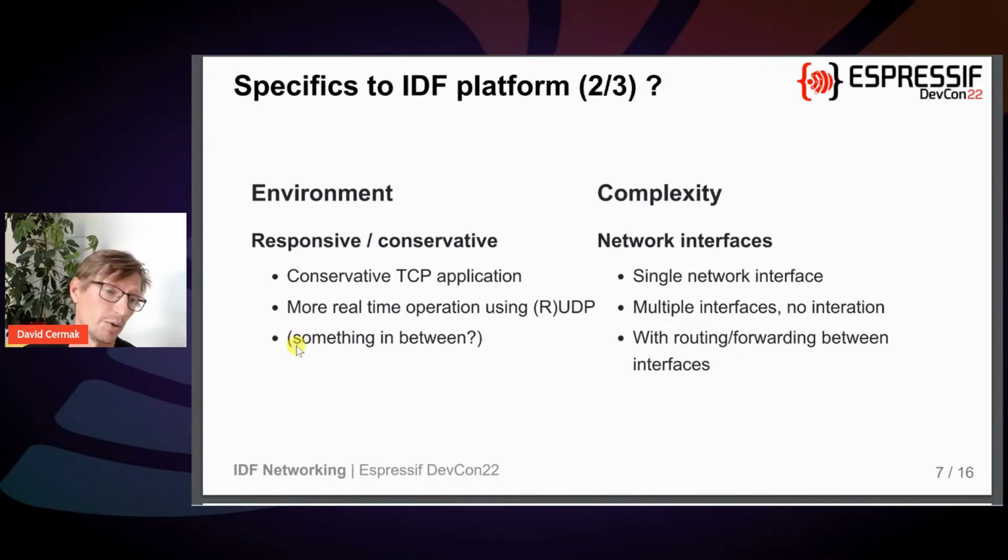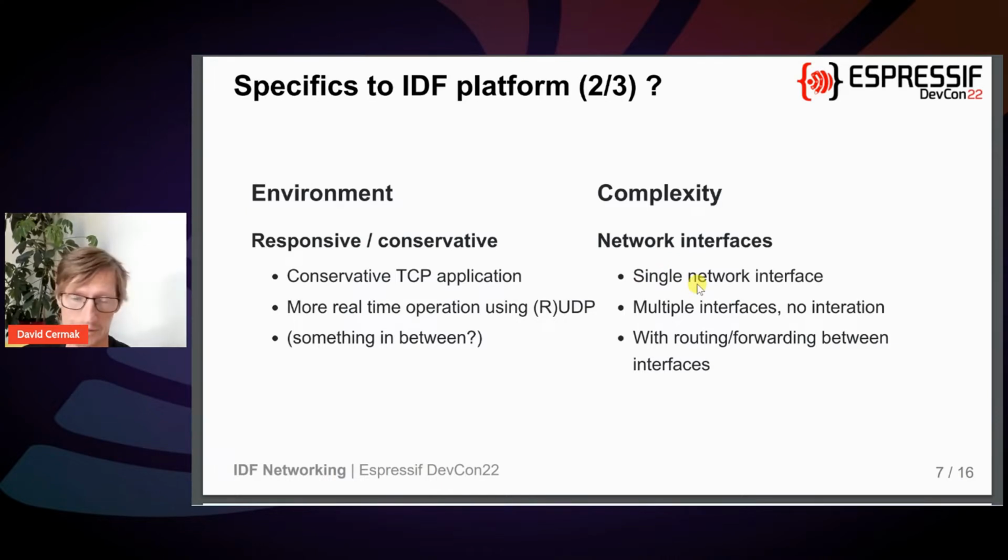What our users typically want is still TCP, but a TCP that's somehow responsive, so that the application is alive, and if something is not available, we just bail out after a couple of seconds, not after minutes or hours.